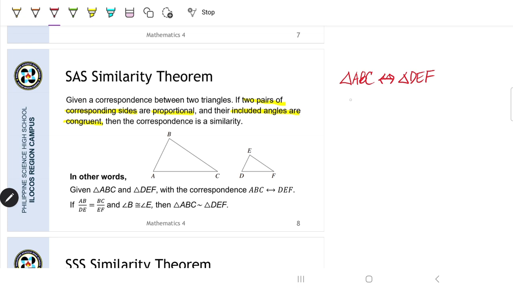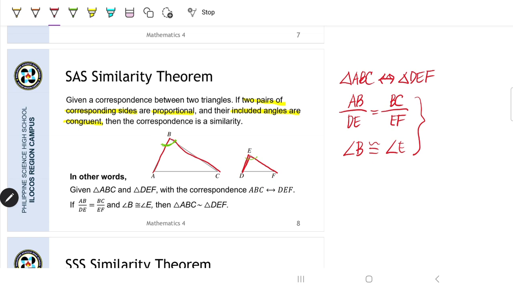If we can show that AB over DE equals BC over EF, and their included angle, for triangle ABC, we have side AB and side BC, so their included angle is angle B. Similarly for the smaller triangle, we have side DE and side EF, their included angle is angle E. If we can also show that angle B is congruent to angle E, then by the SAS similarity theorem, triangle ABC and triangle DEF are similar.